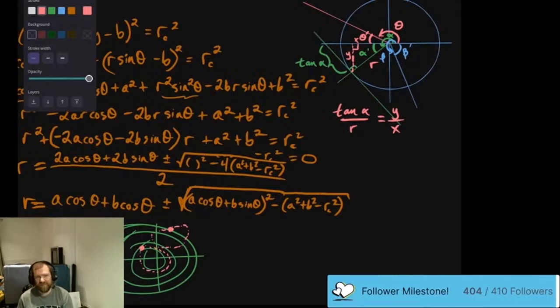Realistically, we could also say this has been scaled up by a size of r, or we can scale it down by a size of r to let the radius be just 1, in which case this stuff just goes away, and we get that the tangent of alpha is equal to y over x. This becomes a super important result.